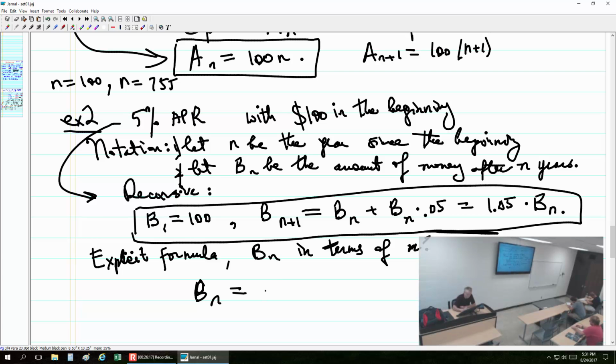100 times 1.05 to the n power. That's right, 1.05 to the n power times 100. Plus 1?